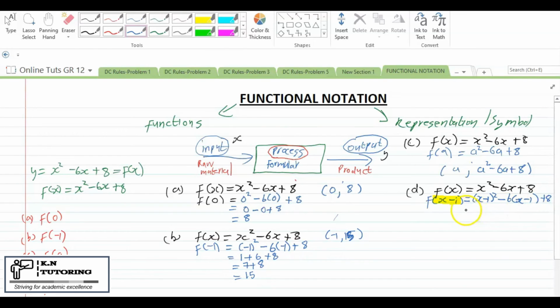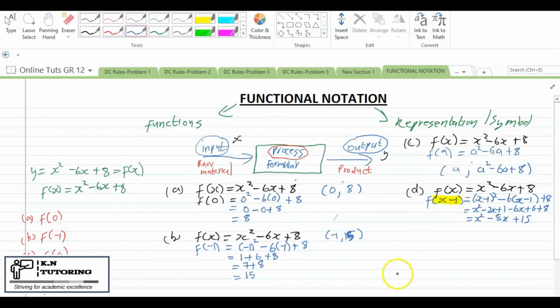Now I simplify this. This will be the same as x squared minus 2x plus 1, minus 6x plus 6 plus 8. If I simplify this and collect all the like terms, x squared minus 2x minus 6x will give me minus 8x. 1 plus 6 is 7. 7 plus 8 is 15.